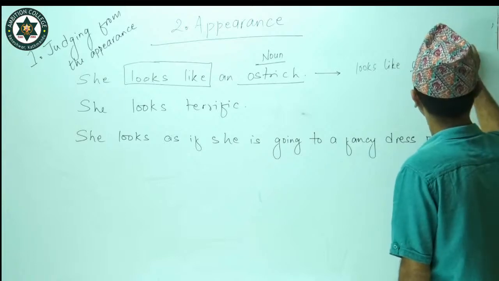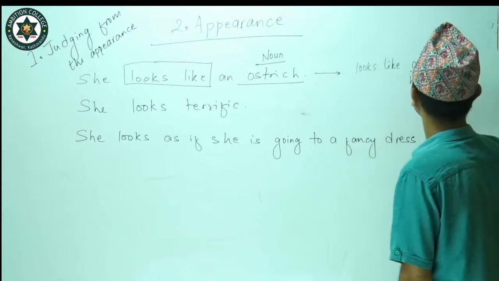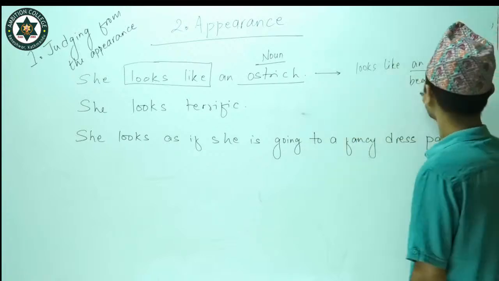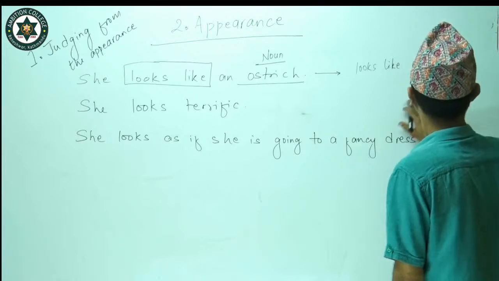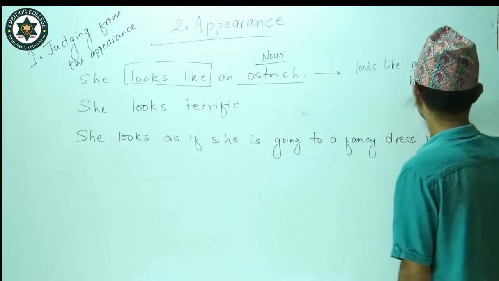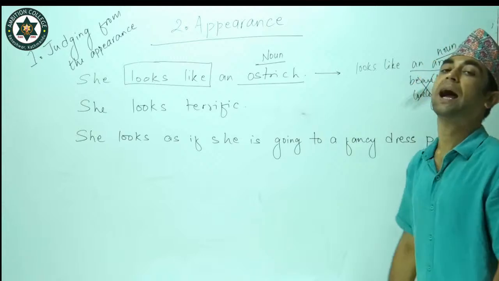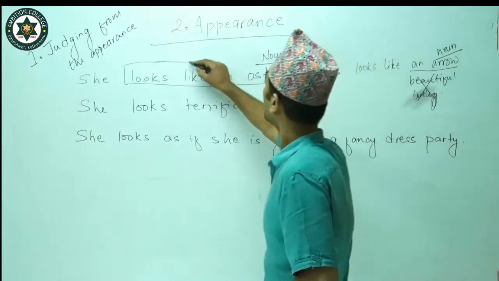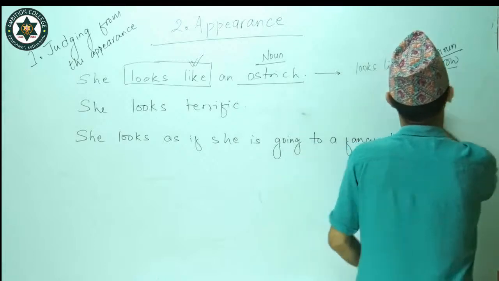This is also a noun. We cannot say looks like beautiful. We cannot say looks like fat. We cannot say looks like lonely. Why? We cannot use the adjective or any other part of speech with looks like. With looks like, we only use the noun.